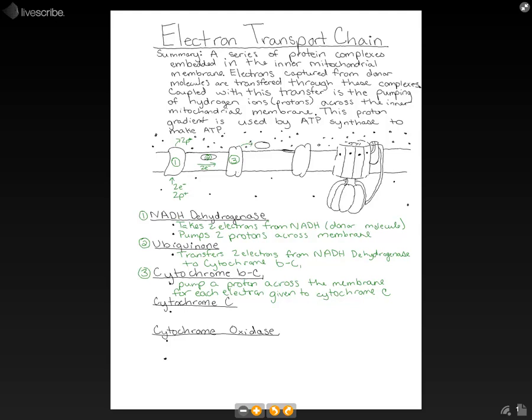So it's going to take 1 electron at a time and give it to cytochrome C.